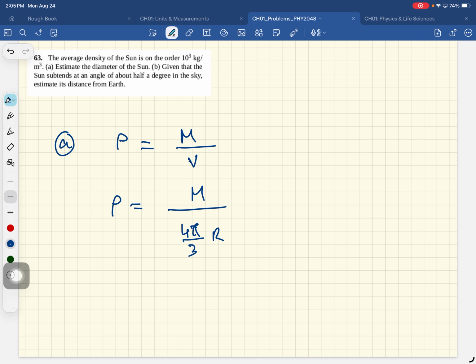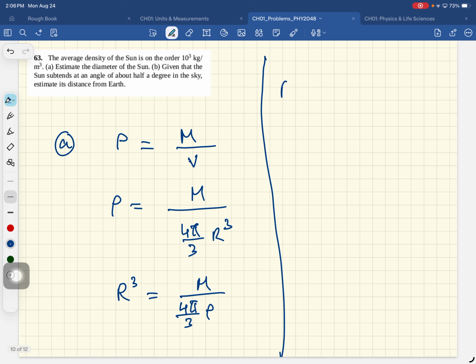Okay, so where there's the arc length, the radius, this has to be in radians. So this angle has to be in radians. So we'll have to convert that, okay? So the Earth-Sun distance is diameter divided by that.